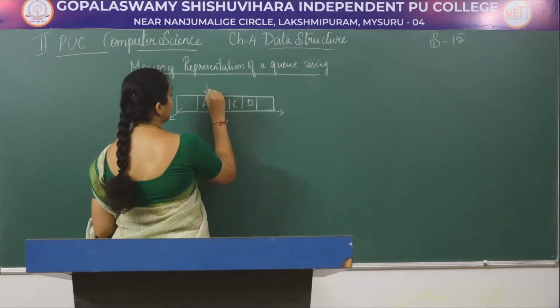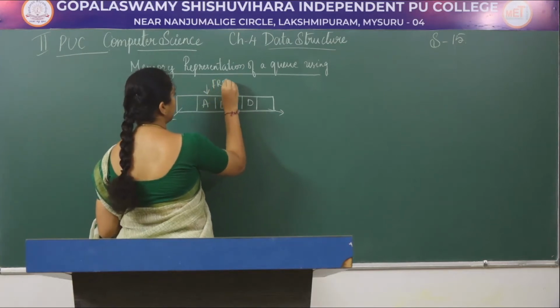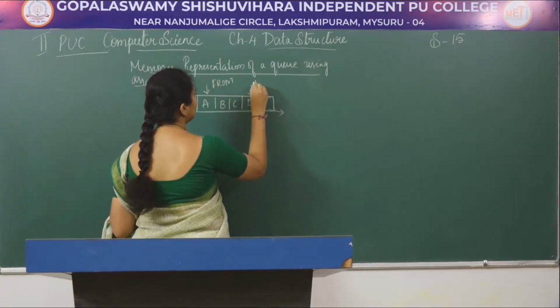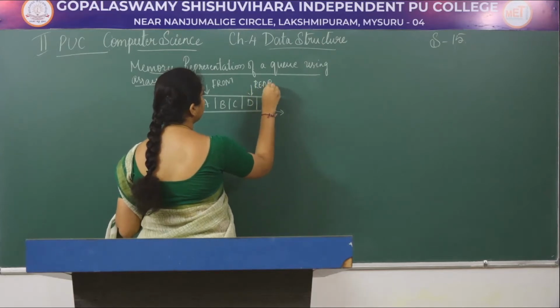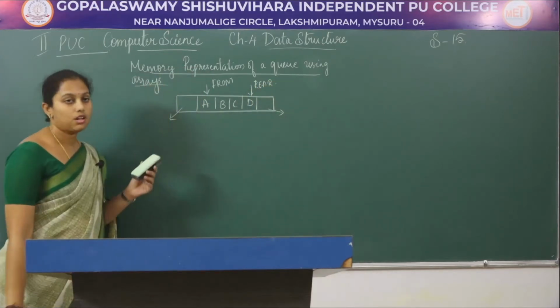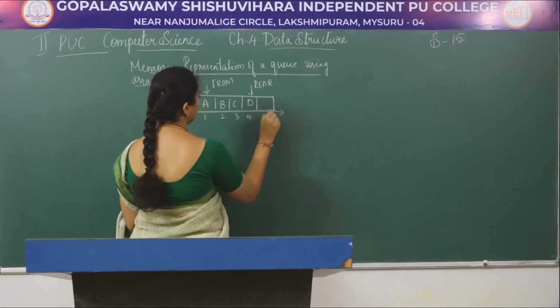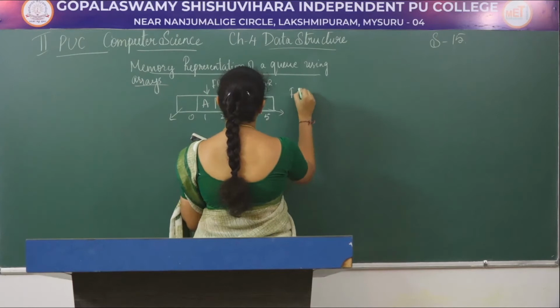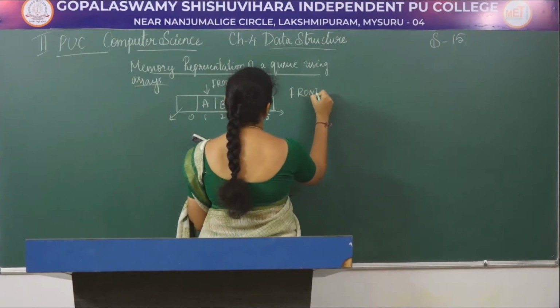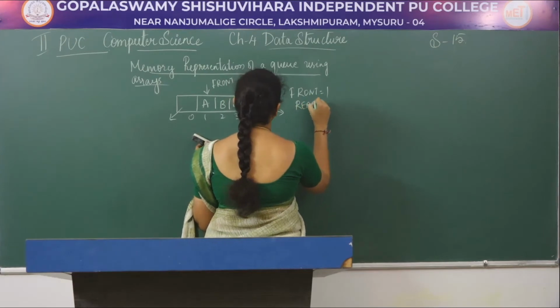So this is the front and this is the rear of a queue. These are all the indices. So front is equal to 1 and rear is equal to 4.